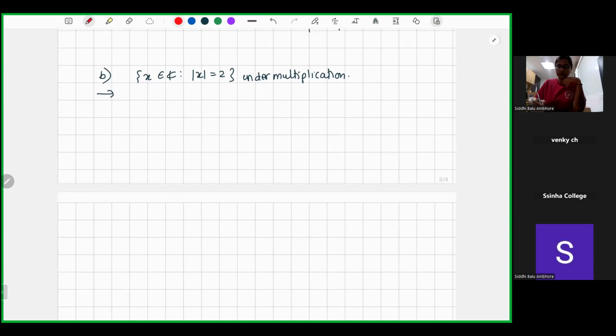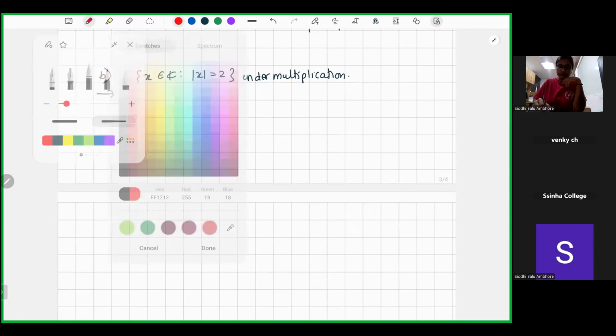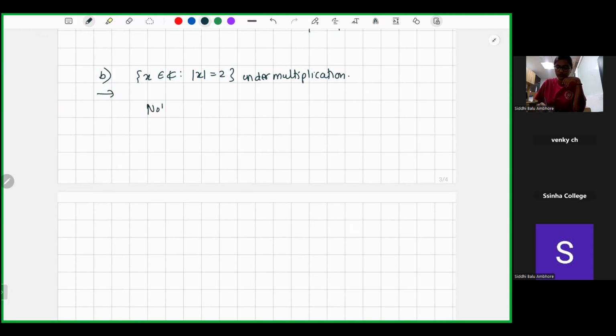Okay, if you remember properly, note that this is not a group. Let me just write this. If I call this B, note that B is not a group. Can anyone tell me why this is not a group?